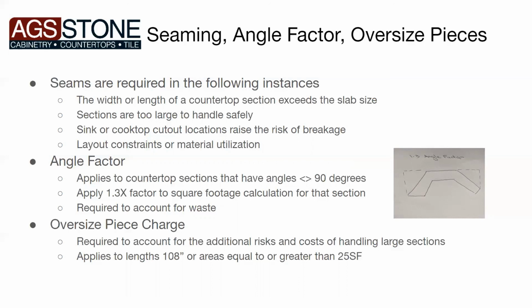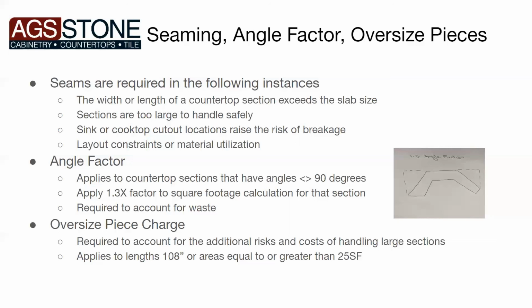Slabs typically average around 60 square feet, and that does vary. They're roughly 10 feet long, 120 inches, by 60 to 72 inches in height. So if any countertop section won't fit into that slab, that would be one reason to have a seam.